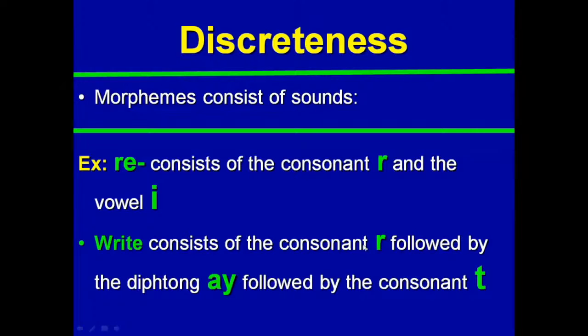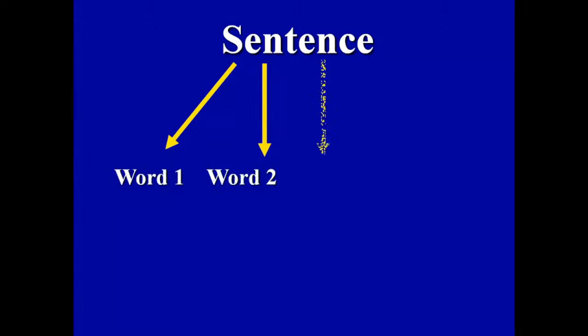So the sounds are the smallest units out of which we compose morphemes, and morphemes are higher units out of which we compose words, and words, of course, can be taken together to form sentences. This is what is being explained clearly by this figure here.